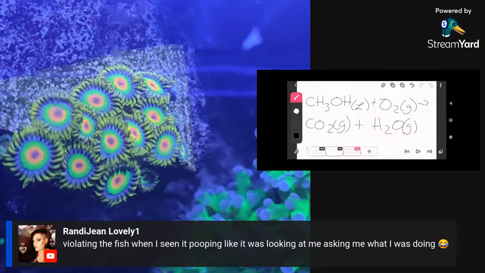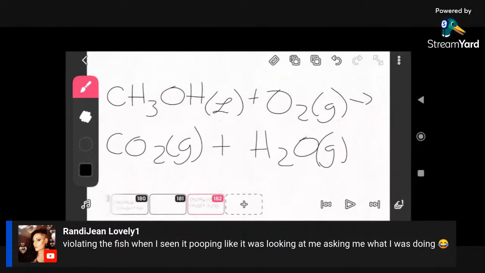All right, let's finish this equation. Let's balance this equation real quick for methanol. Over here, on the C on the left side, we got 1. So we got 1 right there.